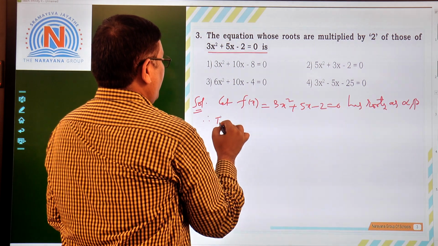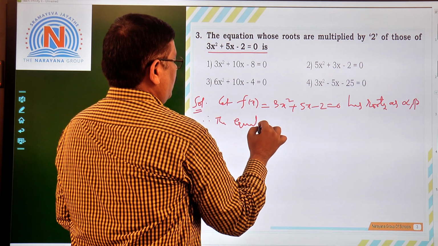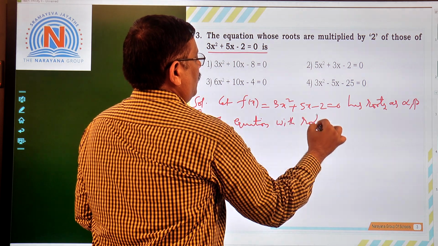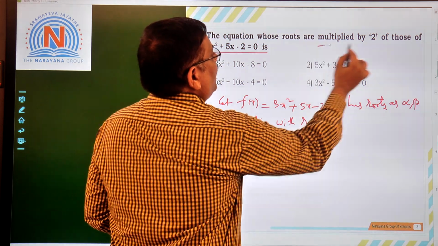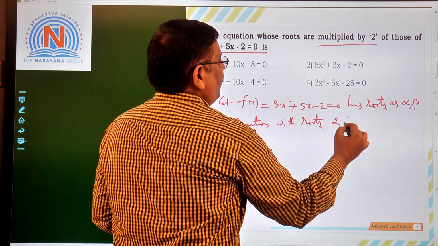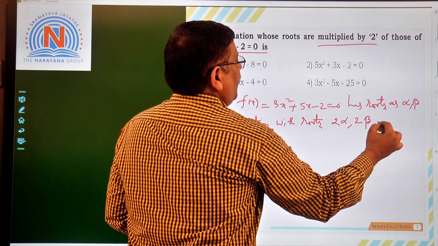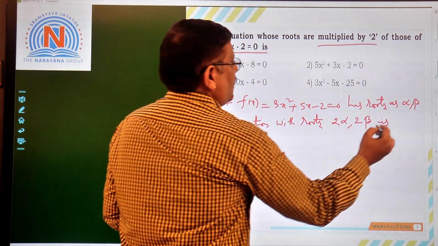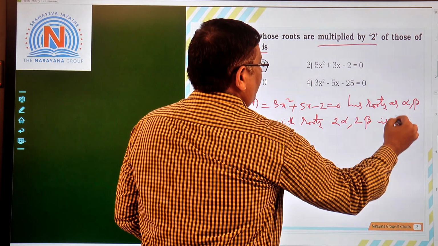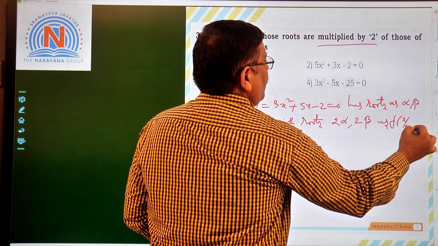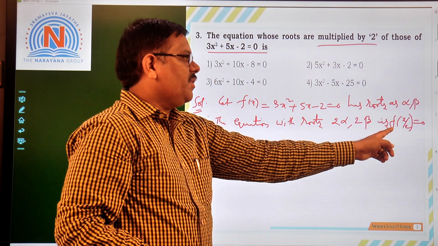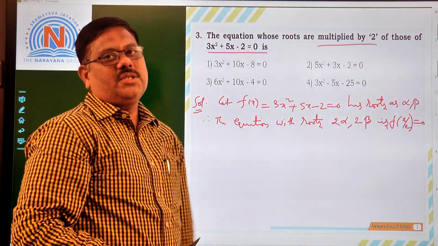Therefore, the equation with roots, what is happening? Roots are multiplied by 2, alpha comma beta becomes 2 alpha comma 2 beta, is f of x by 2 is equal to 0. If roots are multiplied by 2, the equation changes to f of x by 2 is equal to 0.